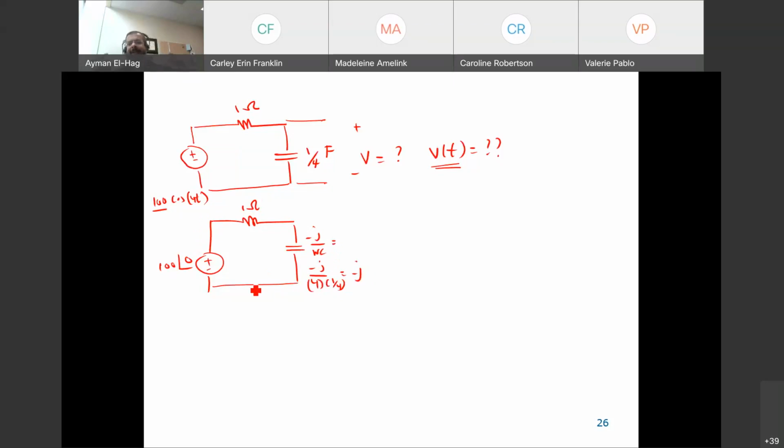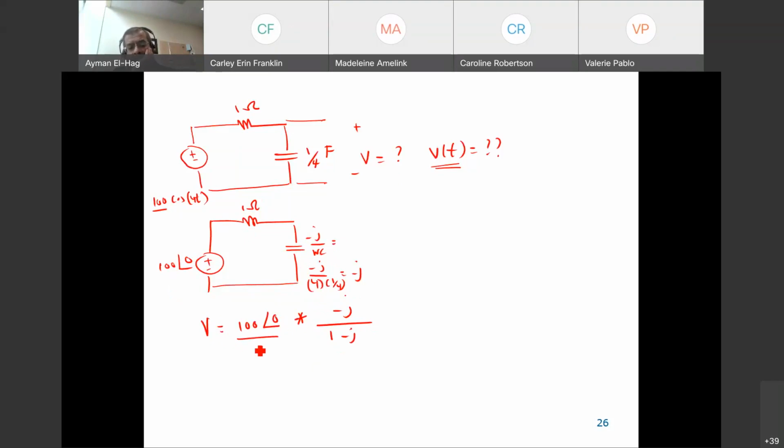I gave a simple question in math so that you can get it right. Now I will use voltage division. The voltage across the capacitor V is equal to the main supply, which is 100 angle of 0, times this impedance, which is minus j, divided by the summation of the two impedances in series, 1 minus j.